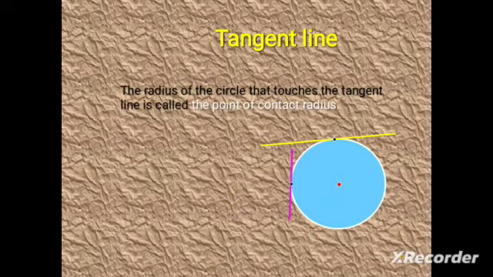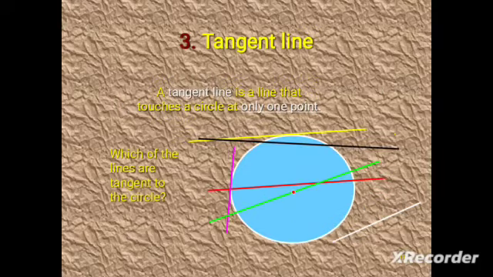The radius of the circle that touches the tangent line is called the point of contact radius. As you can see from the question that we just asked, which of the lines are tangent to the circles? Probably it is the yellow line and the purple line, because they are the ones touching the circumference of the circle at a certain point, and probably 1 point.